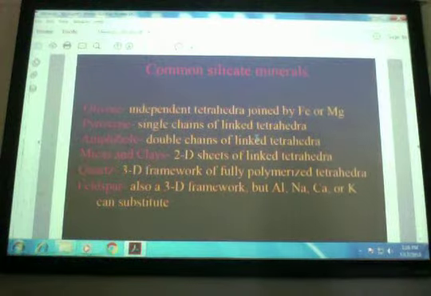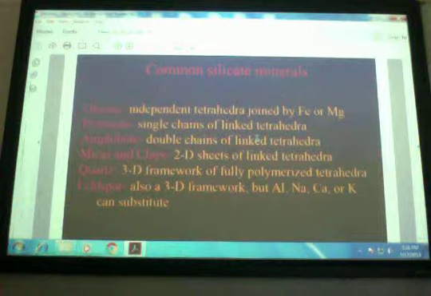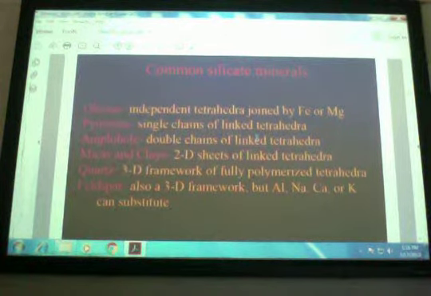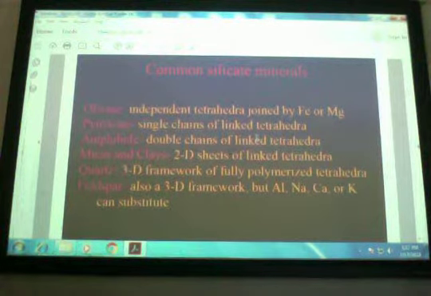So if you are going to the feldspars, then we have the plagioclases.